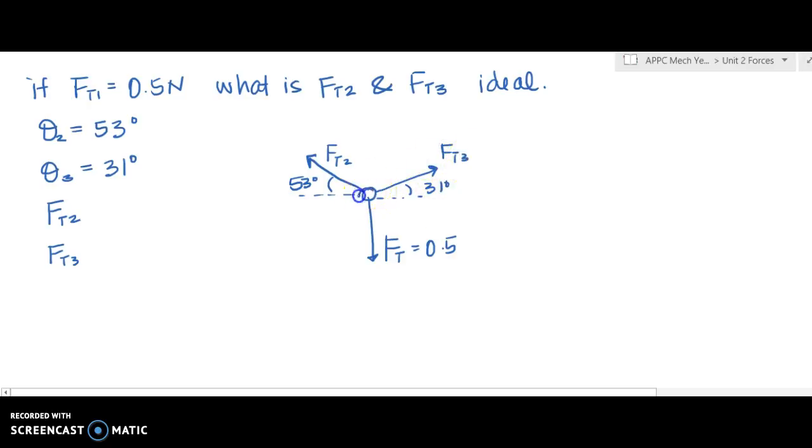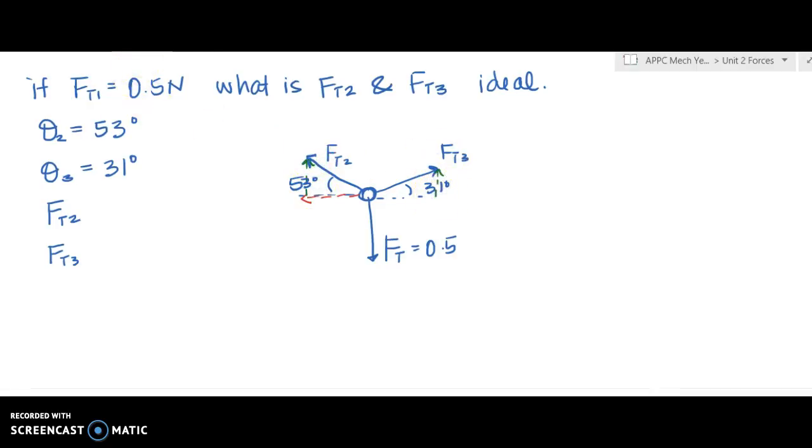Now, each one of these forces is doing two things. It is pulling horizontally, and it is pulling vertically. So there's like a vertical component.